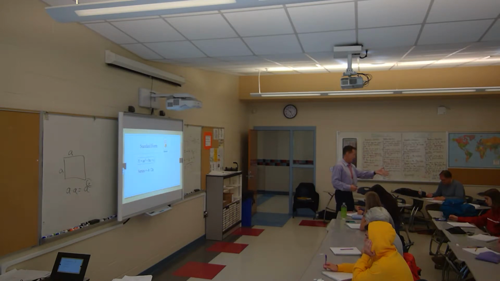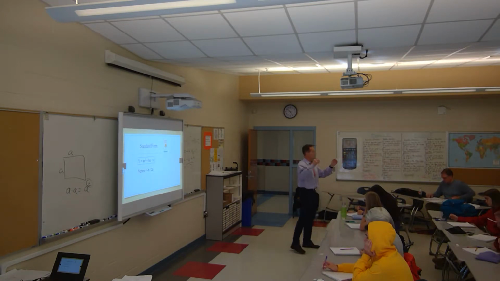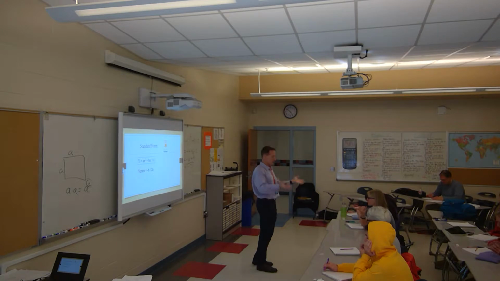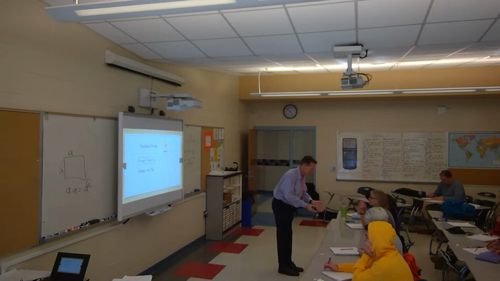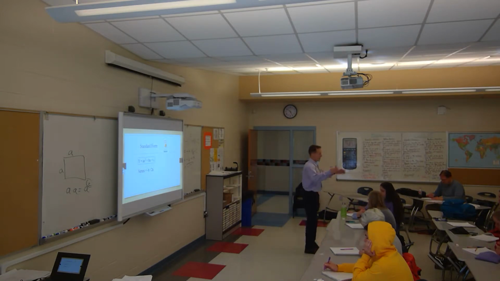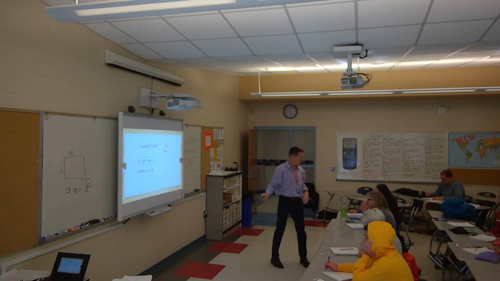The vertex, right? And then remember when we did absolute values, we looked for 2 points above it, 2 points below it, because the graph was symmetrical. Well, guess what? We're going to do the same thing here, because it's going to be symmetrical. Whereas the absolute value equations were V's, these are going to be more like U's.